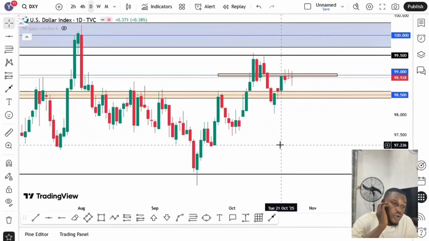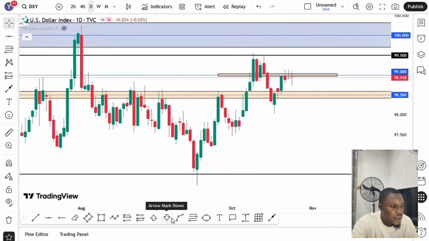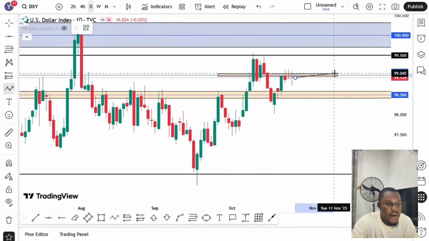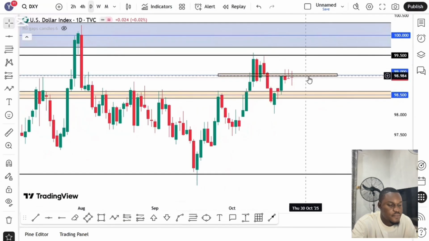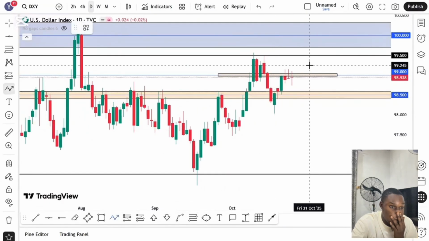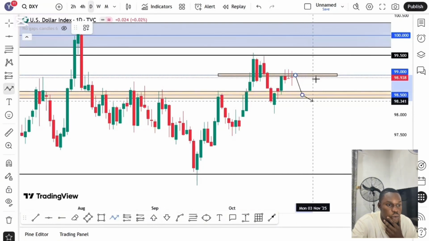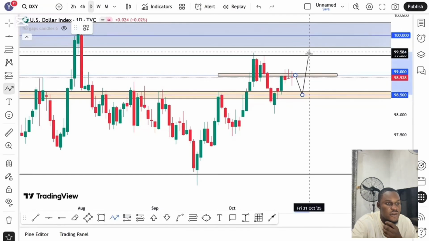Or the worst case that might happen, if the dollar index does not go above this minor level around here, I expect the dollar index to come and tap into this minor level here, and then go bullish again, to at least give us a double top here. This one is the first top.